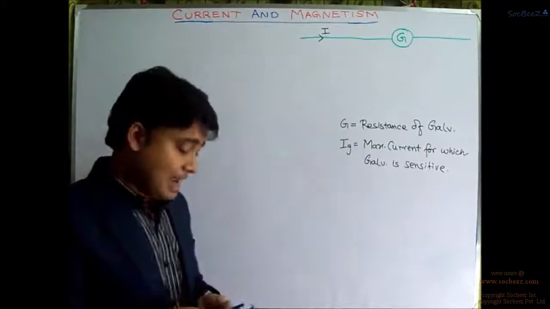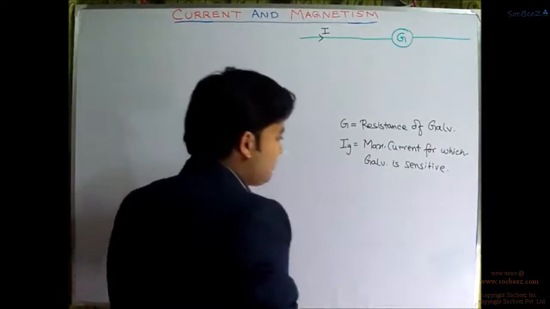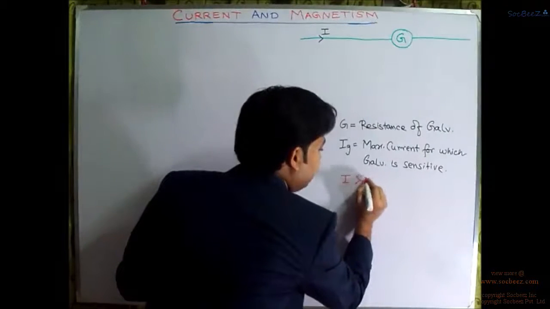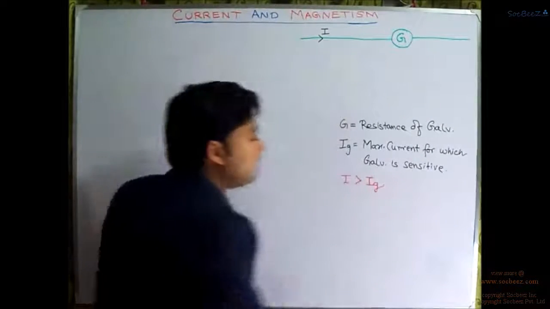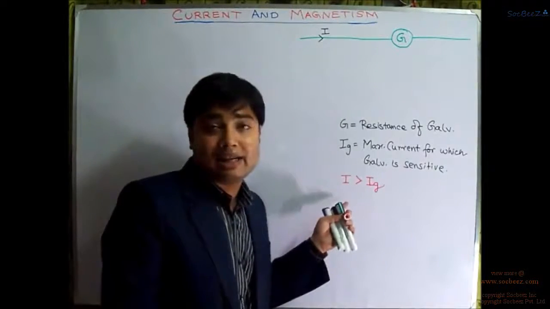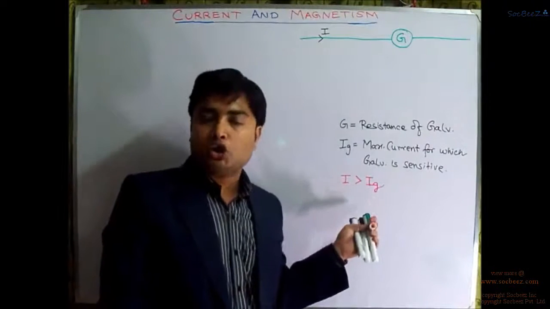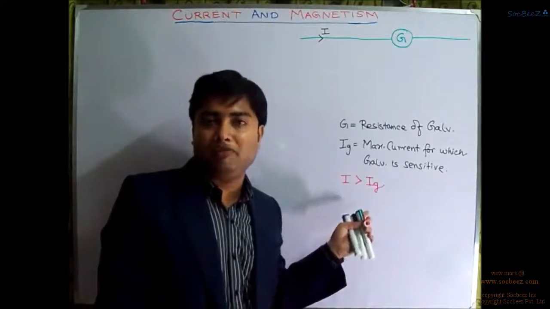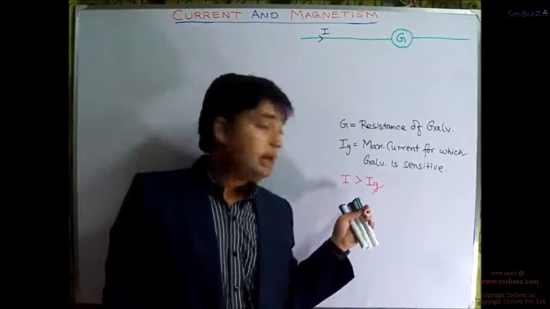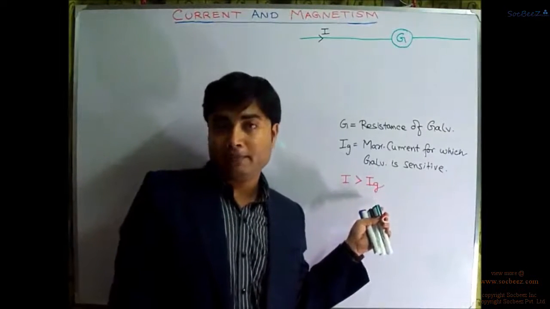Now if it is said that the I flowing through it is greater than Ig, then say, for example, the value of I is 100 ampere and Ig is only 10 ampere. The galvanometer will give deflection only from 0 ampere till 10 ampere, till Ig, right?